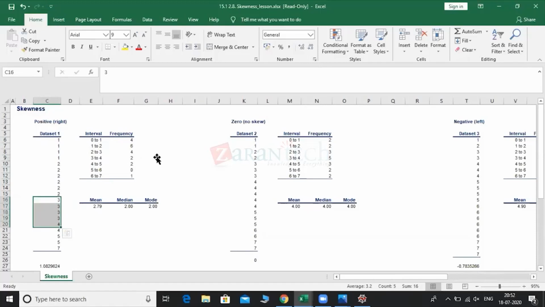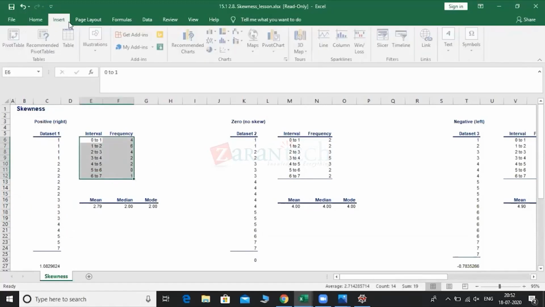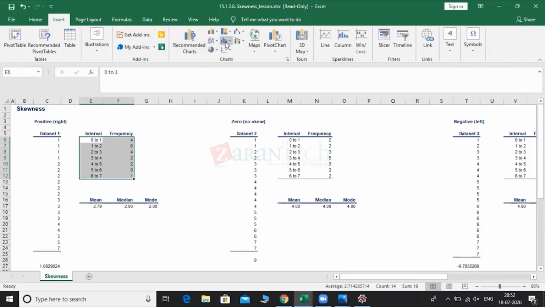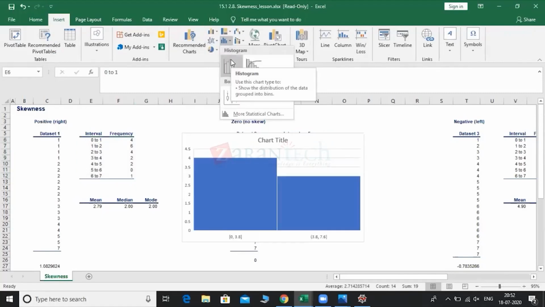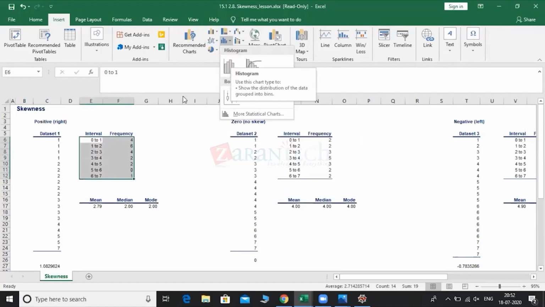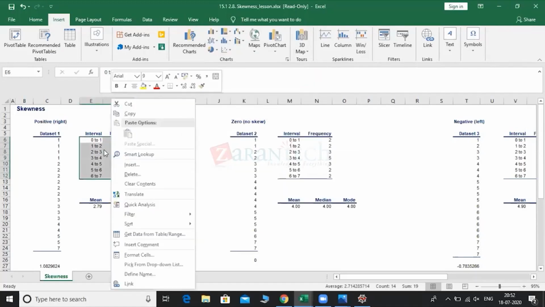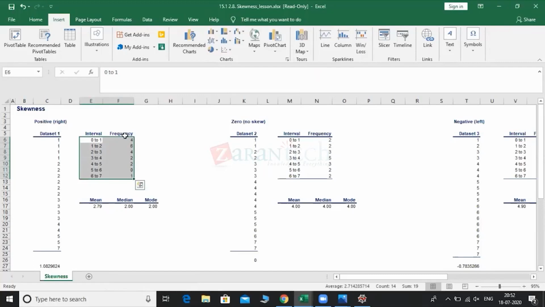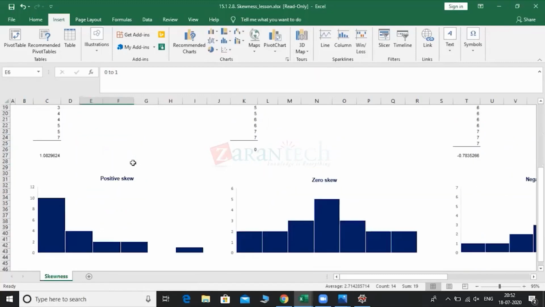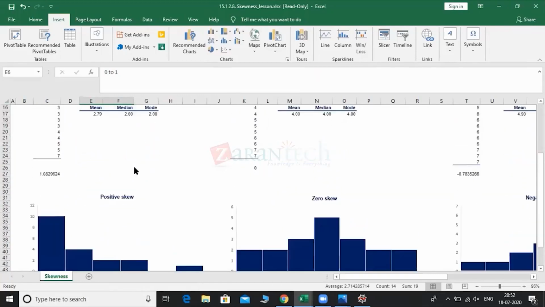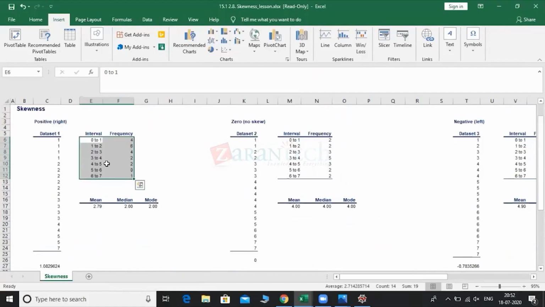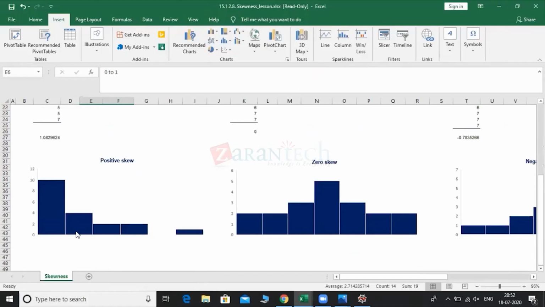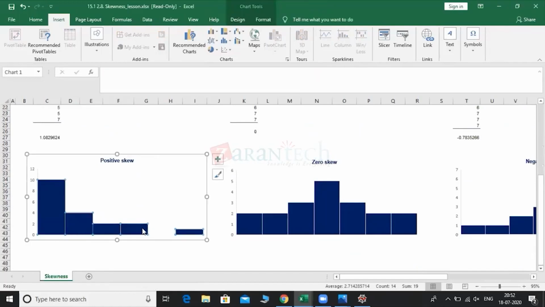Now what we have done is simply plot this, interval versus frequency: 0 to 1, 1 to 2, 2 to 3, 4 to 5, 6 to 7, all these intervals are plotted.